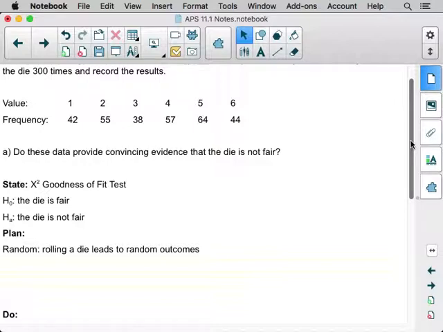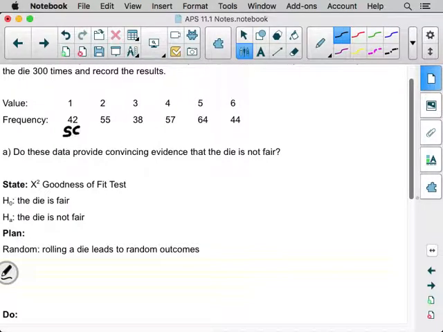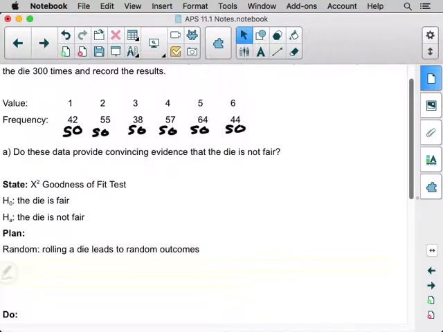So 300, we're expecting 1/6 of them to come up as 1. So wouldn't that be 50? In fact, wouldn't literally all of them be 50? Every one of them, 300 times 1/6. If the die is fair, it should have come up 50 every single time. Does that make sense to everybody? That that's what we would have expected if the null were true?